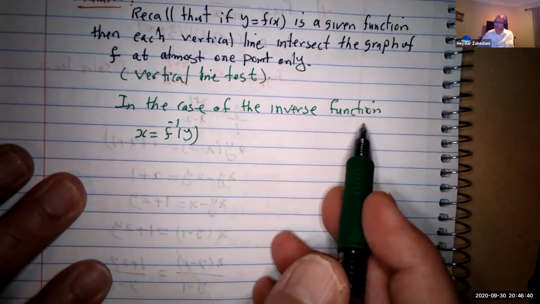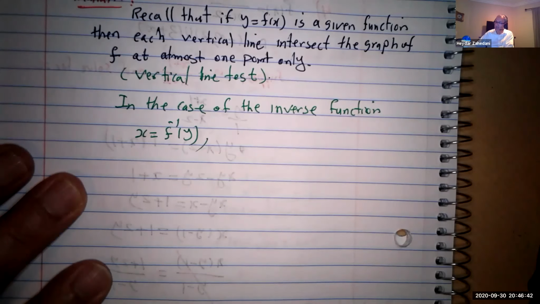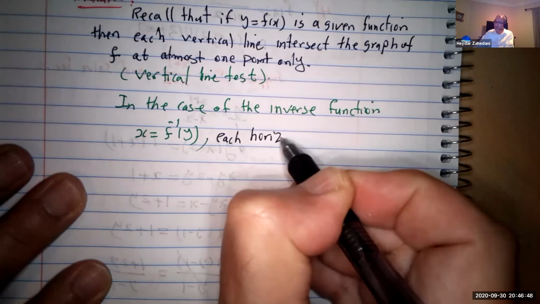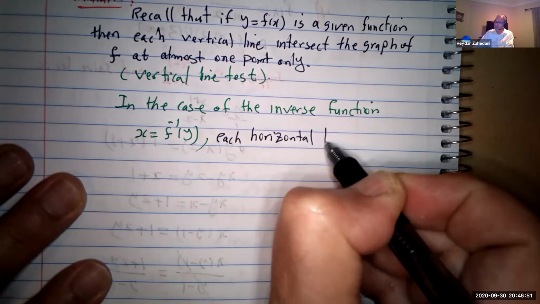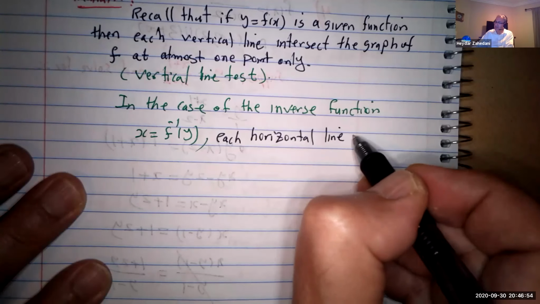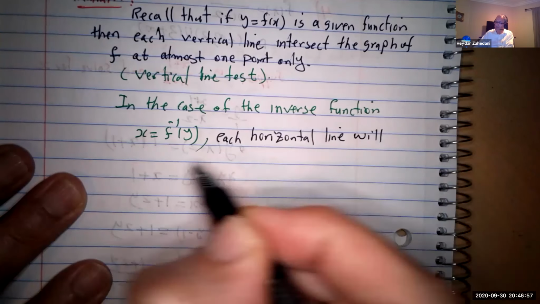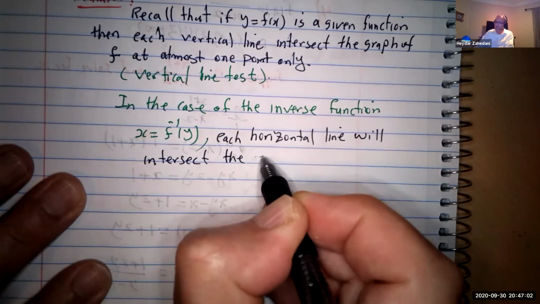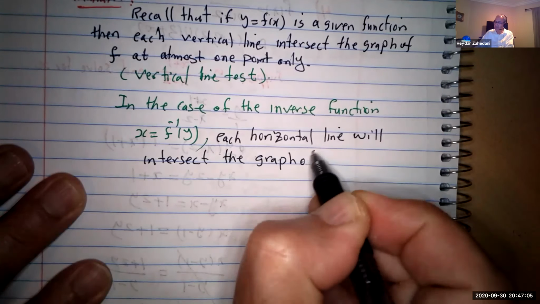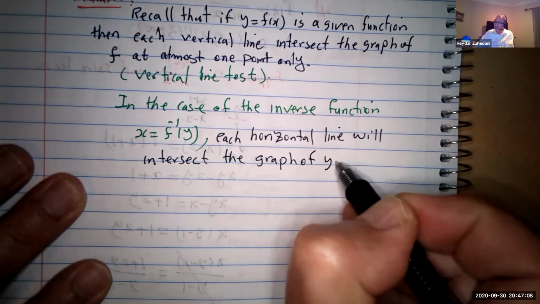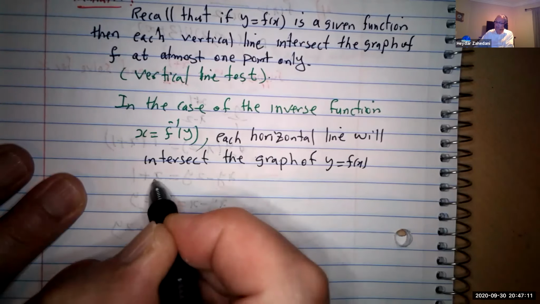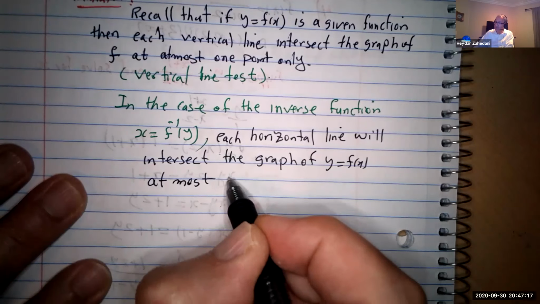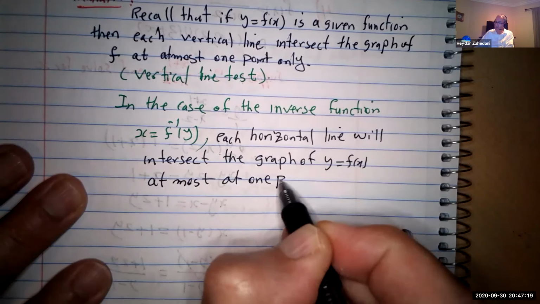In the case of the inverse function, each horizontal line will intersect the graph of f, y equal to f of x, at most one point.